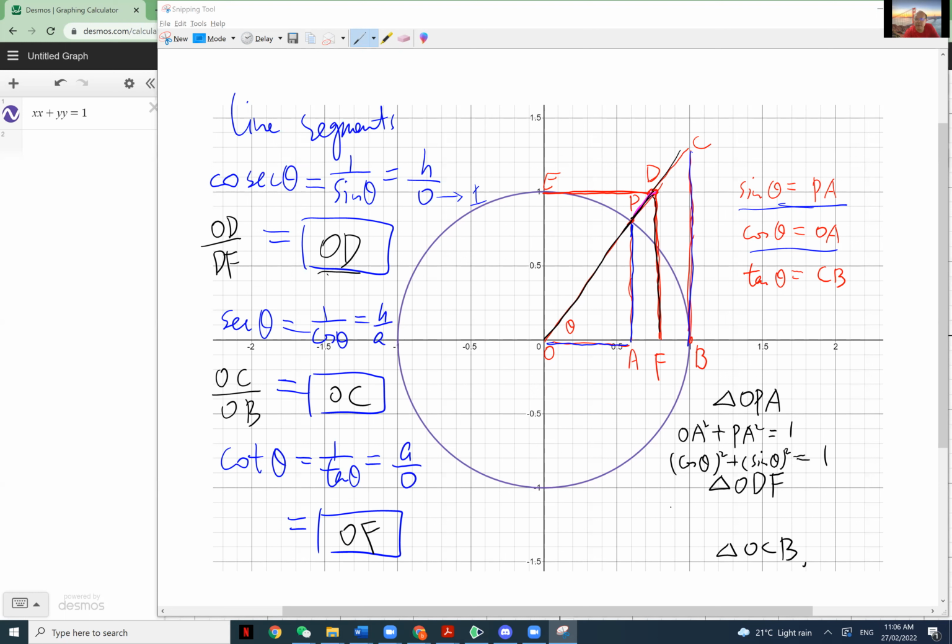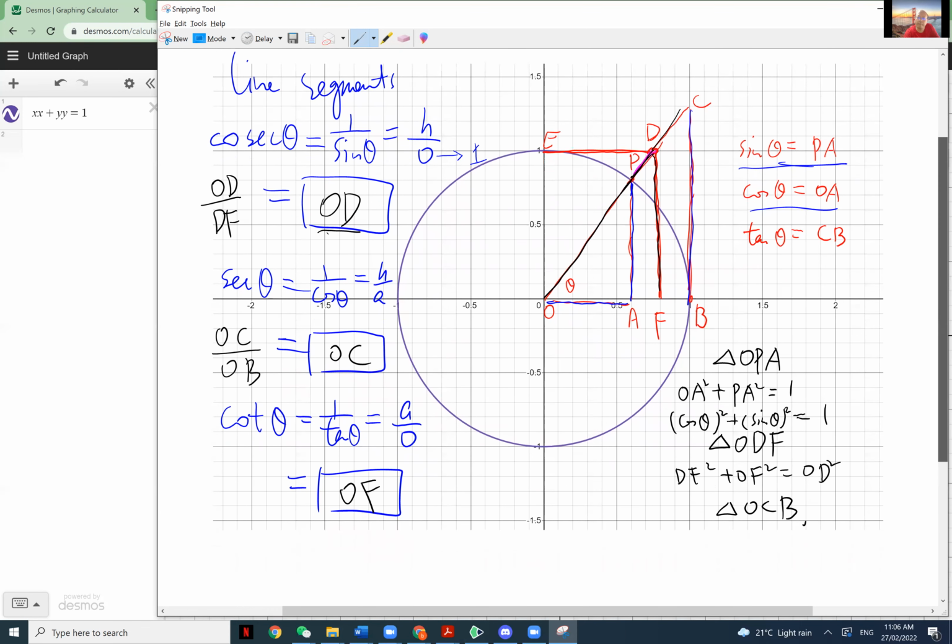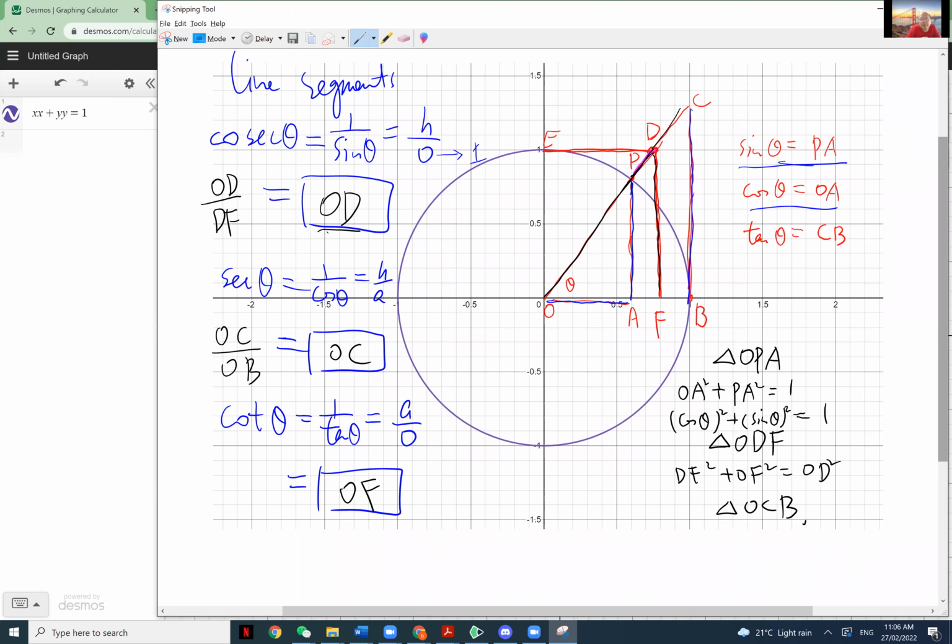So OF squared plus DF squared equals OD squared. But what's DF? DF is just 1. What's OF?